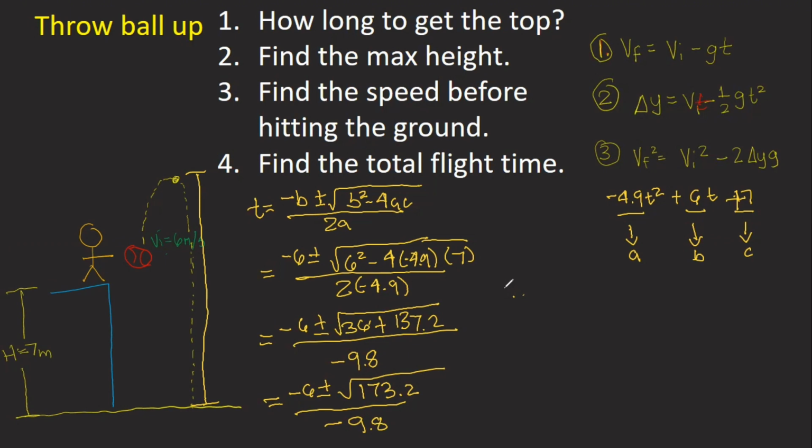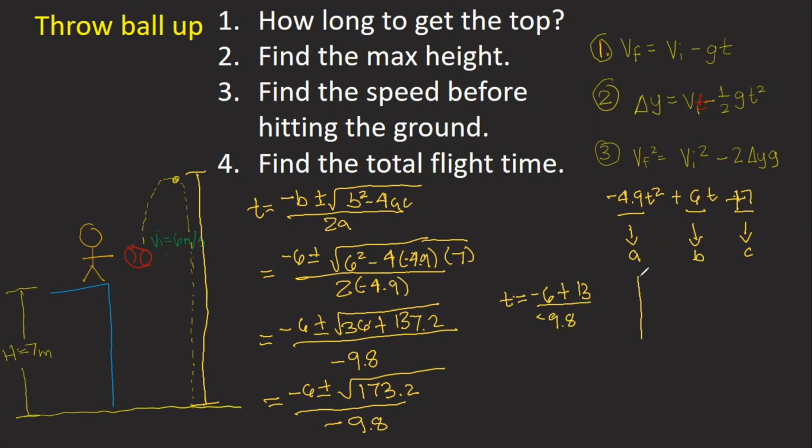And now separate the values. The one t is negative 6 plus the square root of 173.2, which is about 13, approximately 13.16. Let's say 13, over negative 9.8.